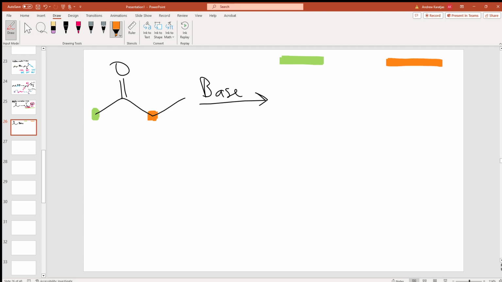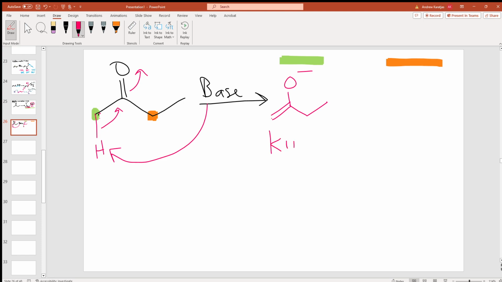And just to briefly review what that difference would be, the one I've highlighted in green, if we remove that hydrogen, our mechanism will look like this, and we form the kinetic or less substituted enolate.